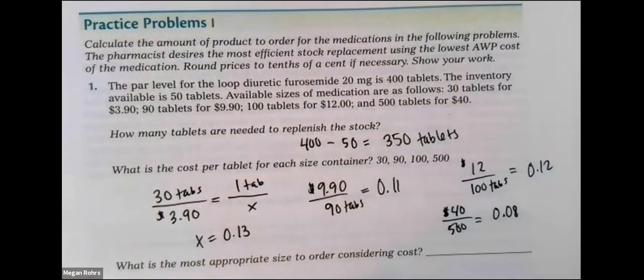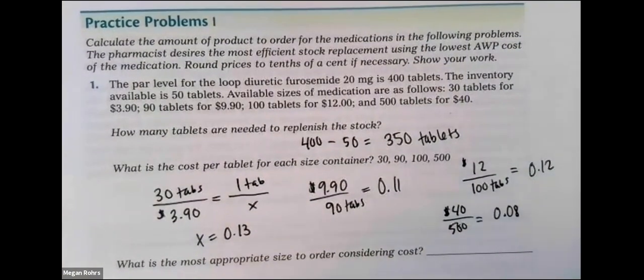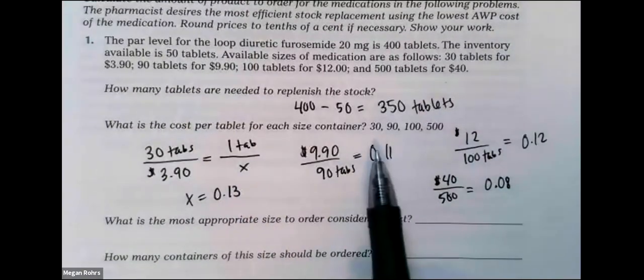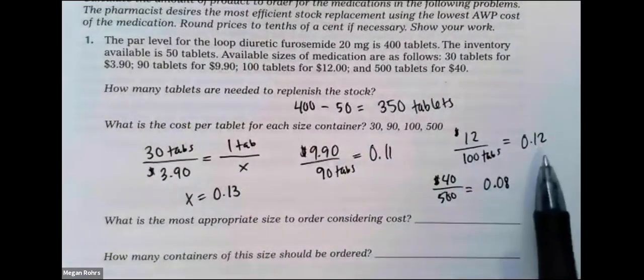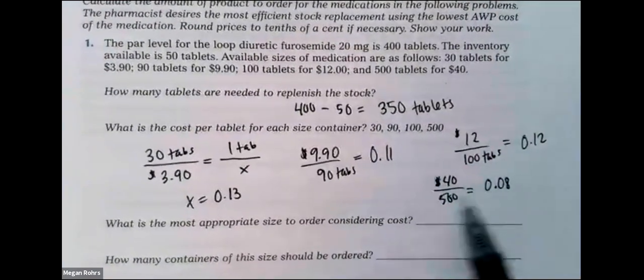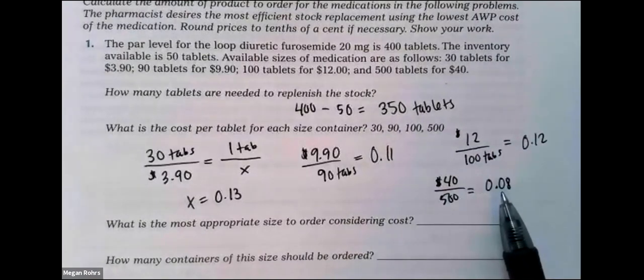Now it says, what is the most appropriate size to order considering the cost? Well, let's look. We have 13 cents, 11 cents, 8 cents, and 12 cents. The cheapest quantity here is 8 cents per tablet.